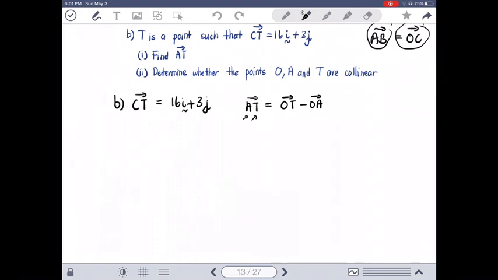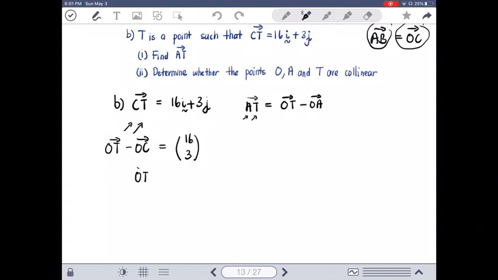We know that CT is just back minus front. This is just equal to OT minus OC, let me put into column form, (16, 3).